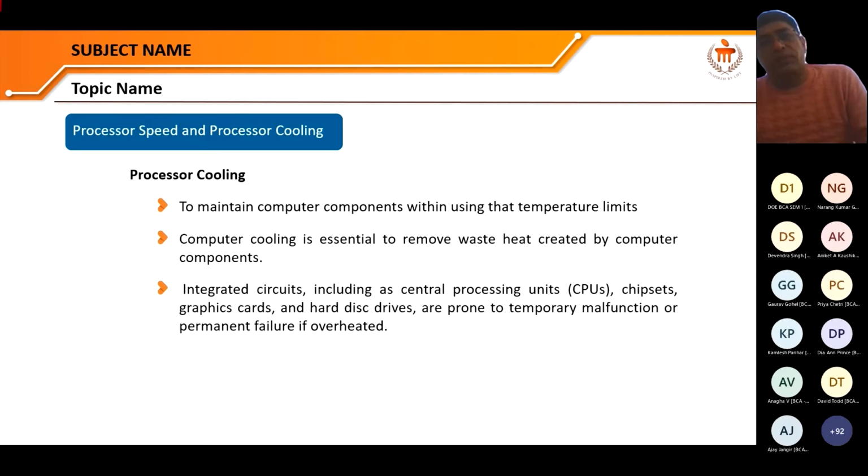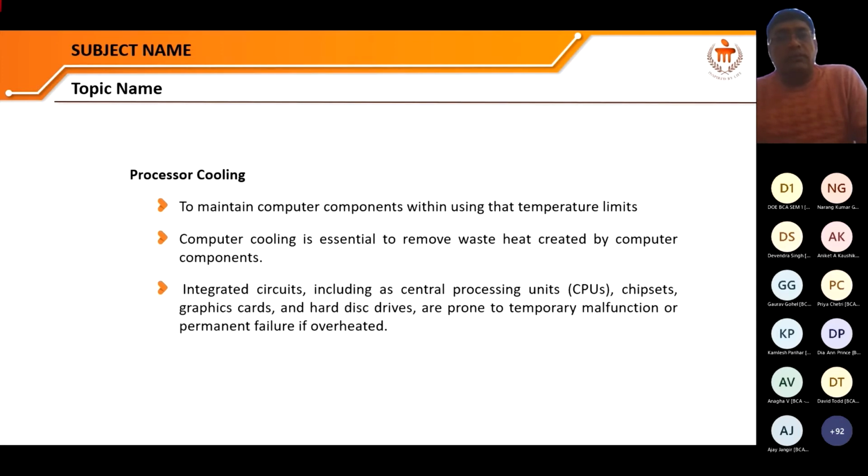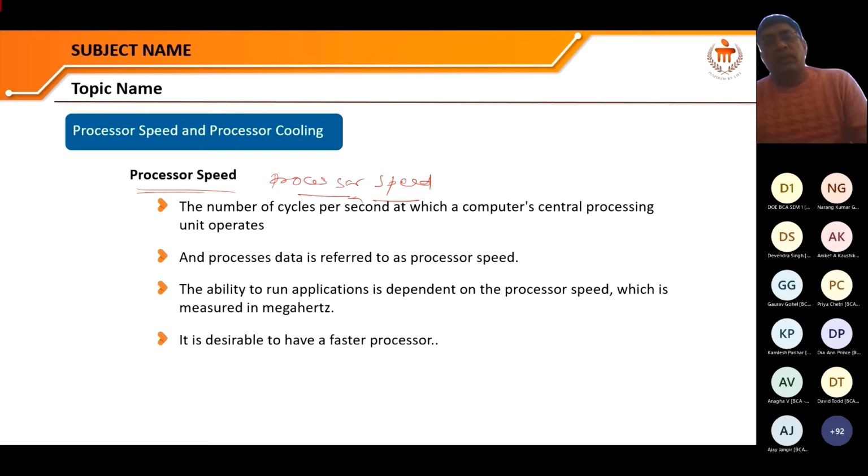If we walk at 16 km per hour, we can cover 16 kilometers. Why am I giving this analogy? It means when we run faster, we cover more of the track. Same here: if the processor speed is higher, it can calculate many things in a particular amount of time.